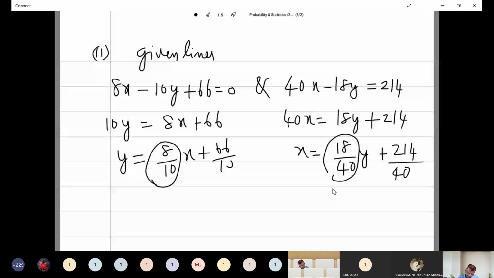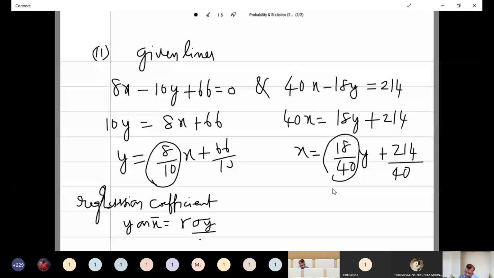Therefore, regression coefficient y on x is equal to r into sigma y by sigma x, byx, is equal to 8 by 10.